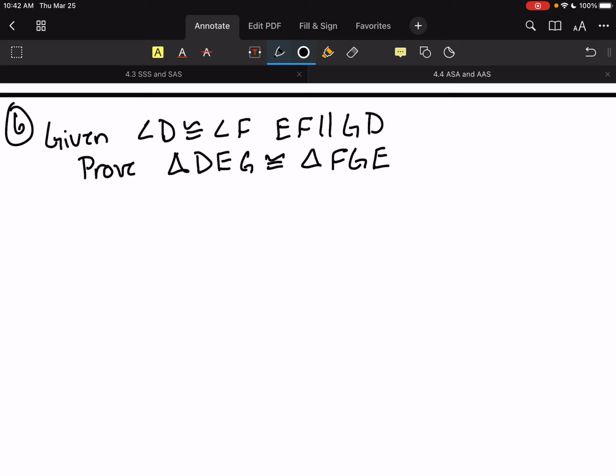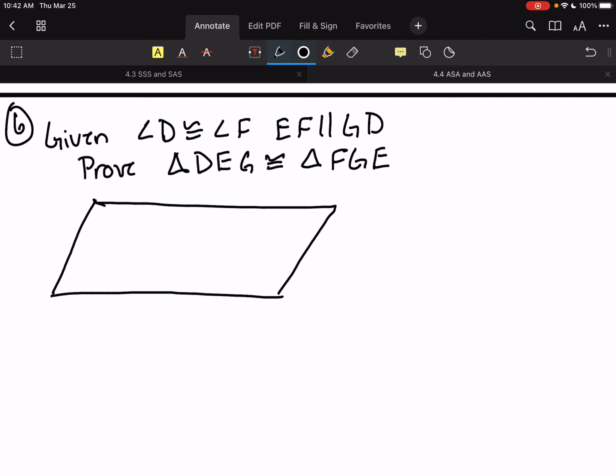And this is what your picture is going to look like. You're told that D, F, G, you're told those are congruent.